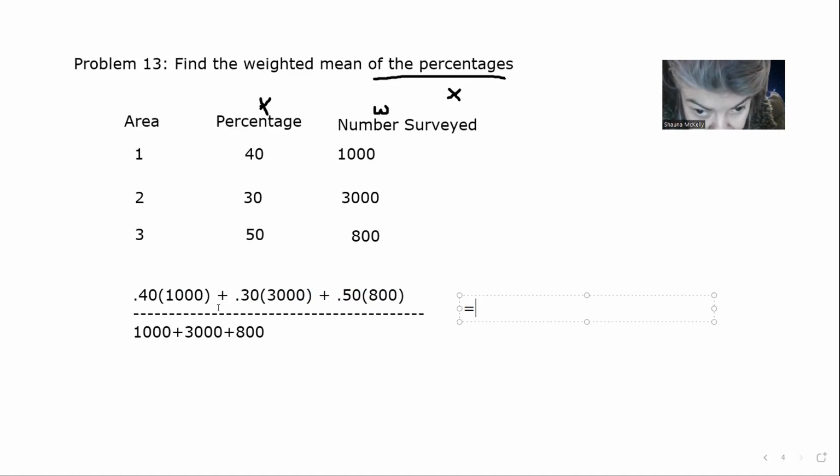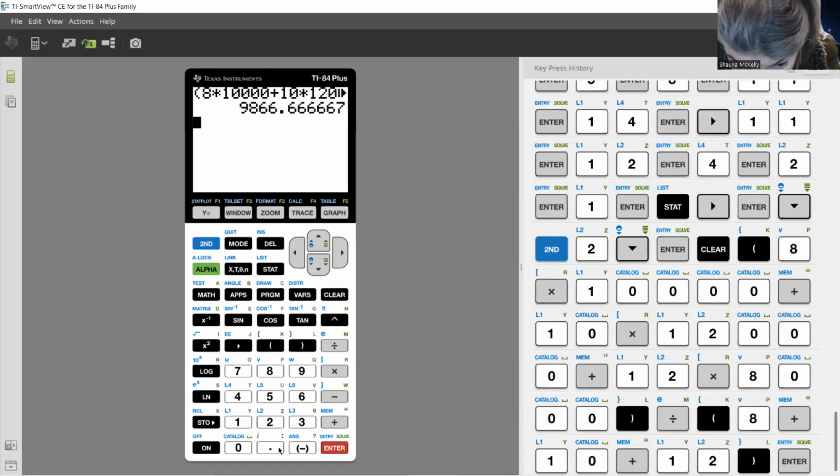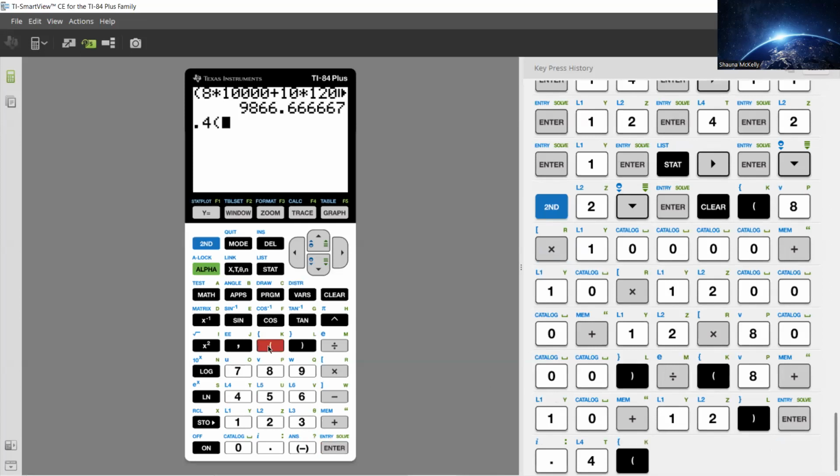So I'm going to go ahead and put this in my calculator now. 0.40 times 1,000, 0.30 times 3,000, and 0.50 times 800. So going to this, 0.40 times 1,000.